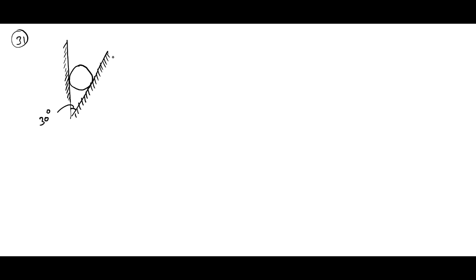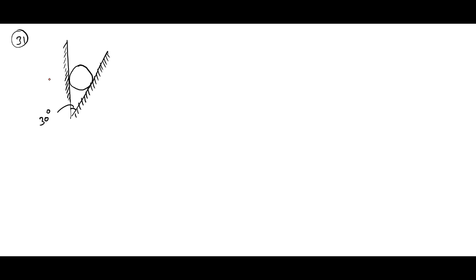The sphere is held by them, and we have to find what are the reactions exerted by the surfaces on the sphere. Now of course since the surfaces are smooth, they cannot exert friction, and therefore the only force that it is possible for each surface to exert on the sphere is a normal reaction. So I'll draw the FBD of the sphere in this physical diagram itself.